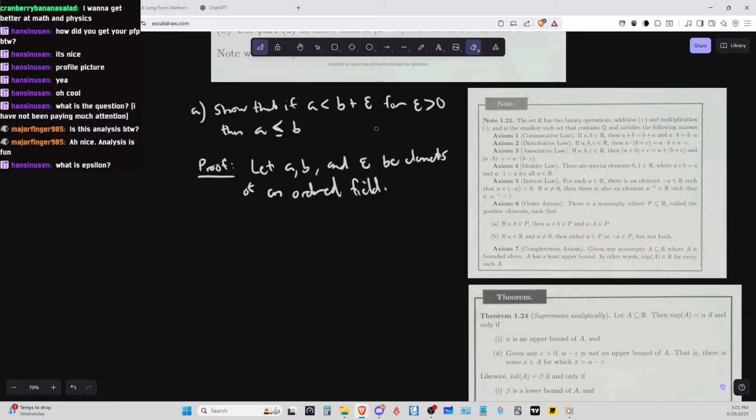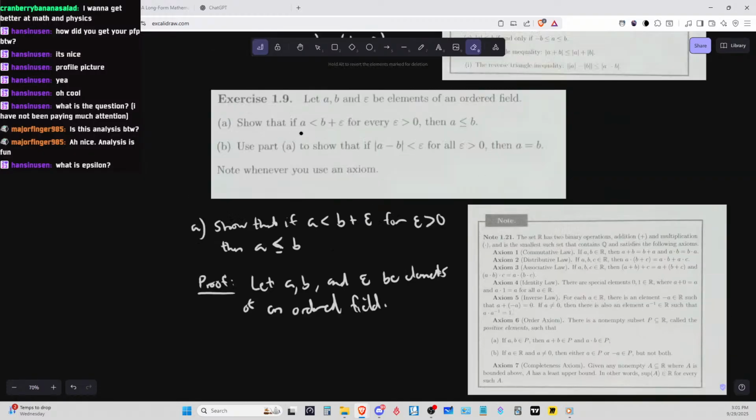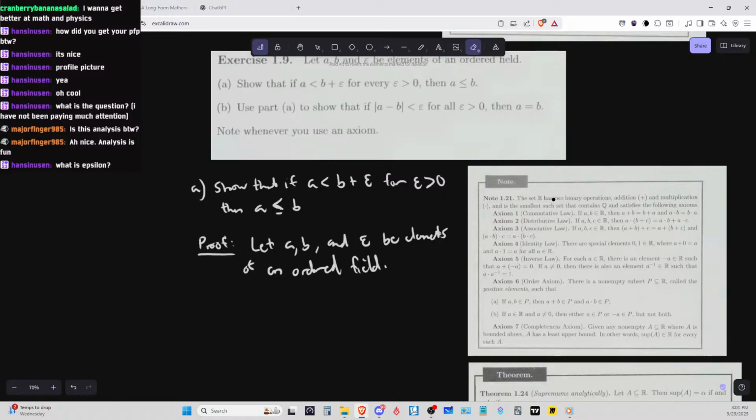So let A and B and epsilon be elements of an ordered field, which is why I have this here, because I want to make sure that I remember everything that we have in an ordered field. Show that if A is... okay.